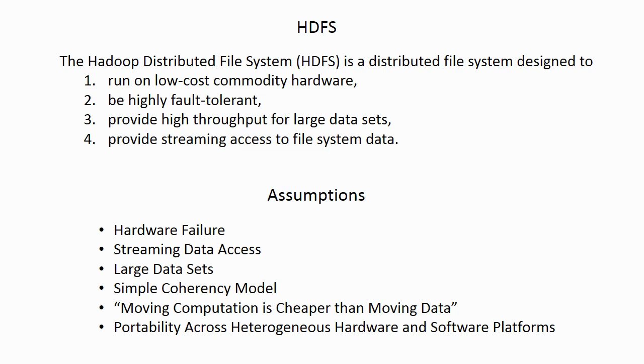In other words, computations are going to happen locally where data is stored. That was the second key assumption or realization that they had, in order to satisfy all the other properties that they desired for HDFS.